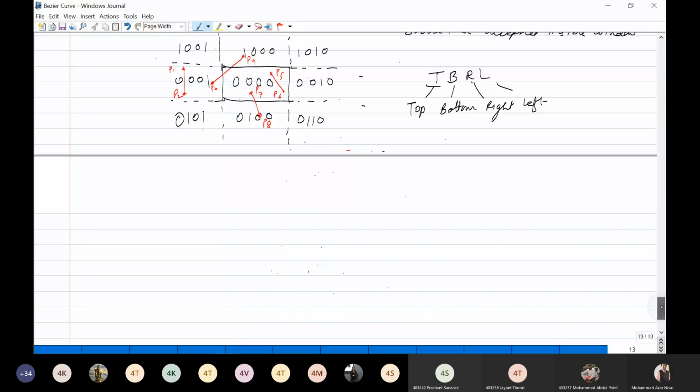For this P1 and P2, you can see that suppose this is outside the window. So you get the code 0001, and again 0001.